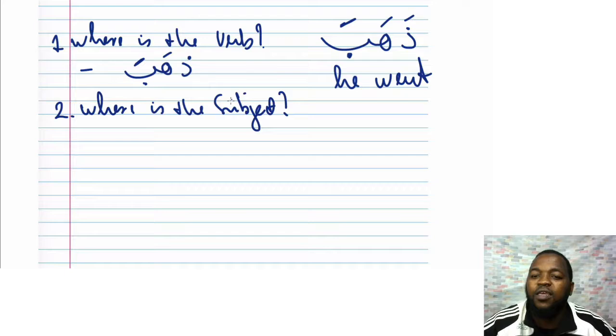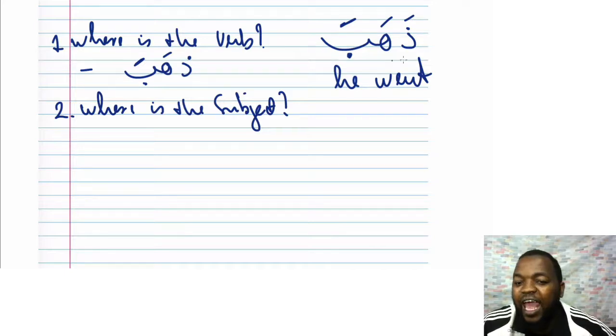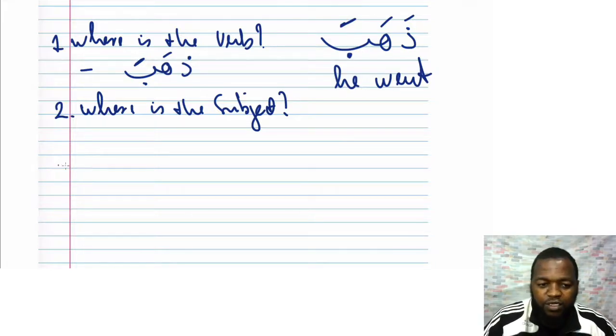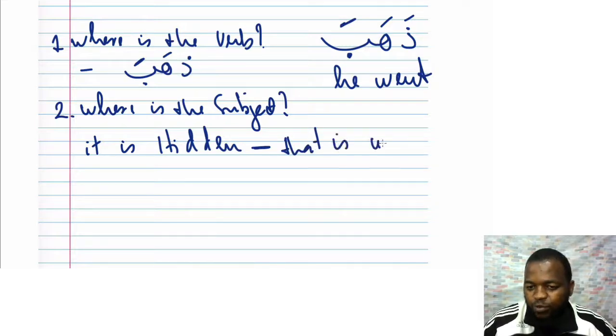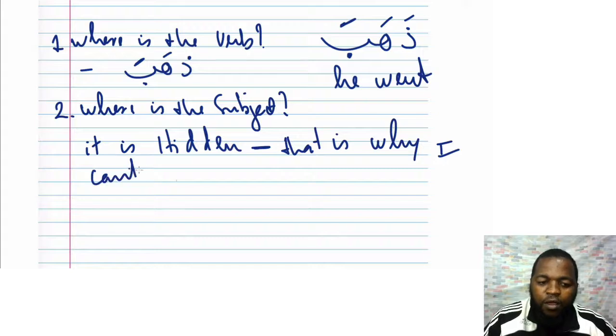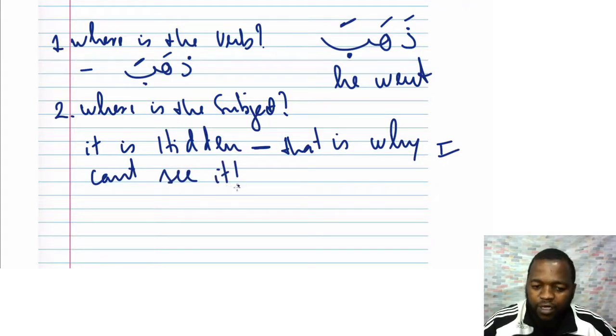What is the subject? Well, if I look at this and this is the verb, the subject here is hidden. That is why I can't see it, right?